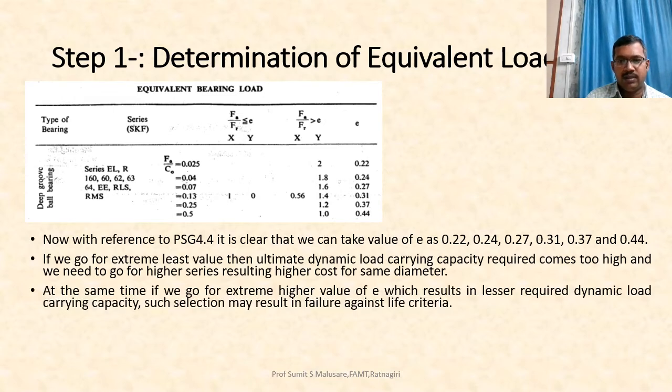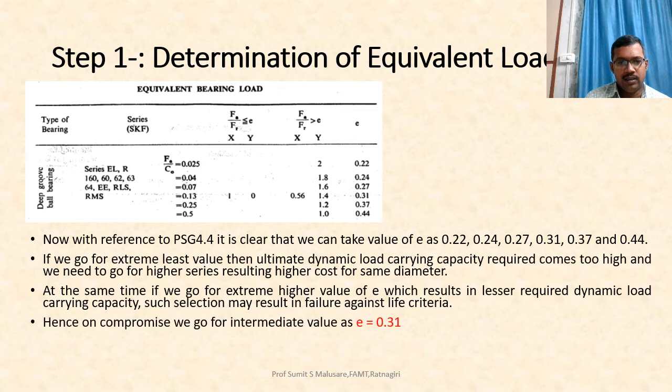Similarly, if I go for a higher value of E, I will get a lesser value of Y, so a lesser value of P effective and lesser value of C. It means that I may select a bearing which fits the life criteria. Hence, as a compromise, we go for the intermediate value E equal to 0.31. From my suggestion, go for the intermediate value of 0.31.